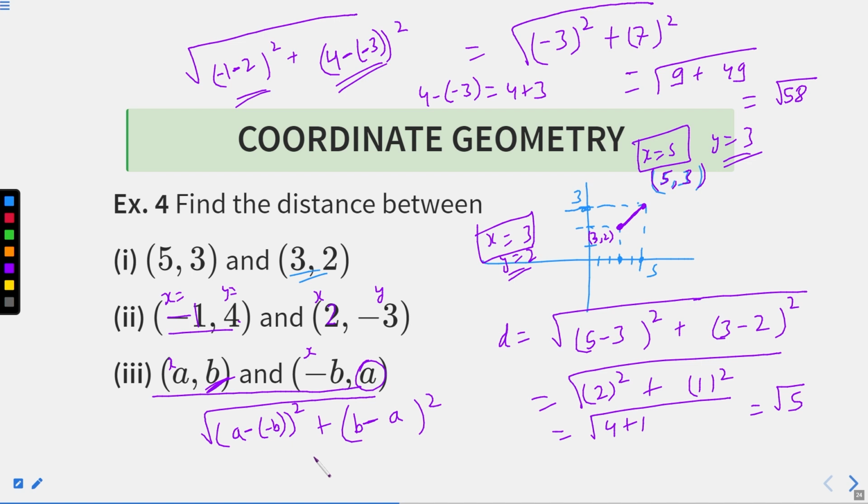Clear? So this will get us a minus a plus b whole square plus b minus a whole square, taking root to it. Okay, clear? So now solving this, we will get our answer.